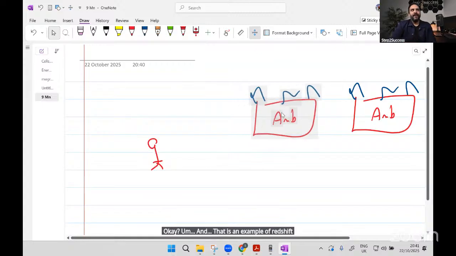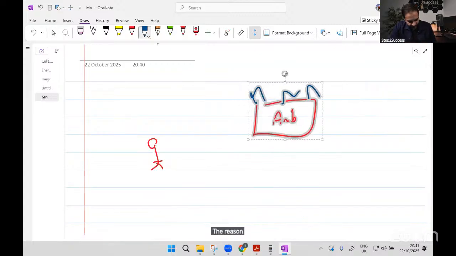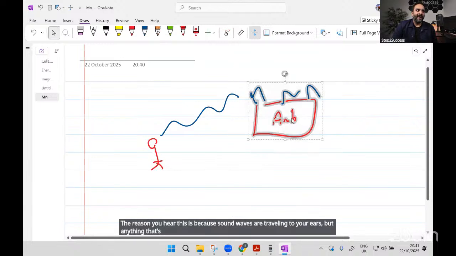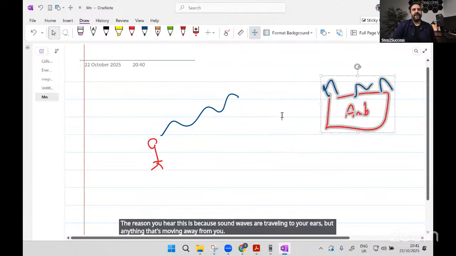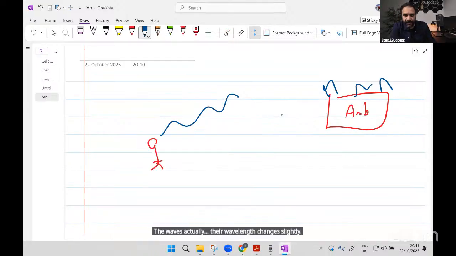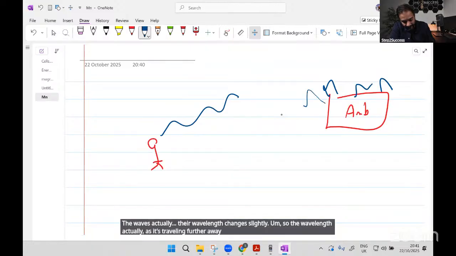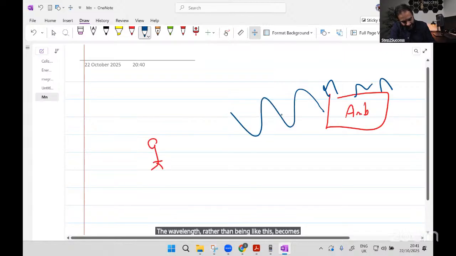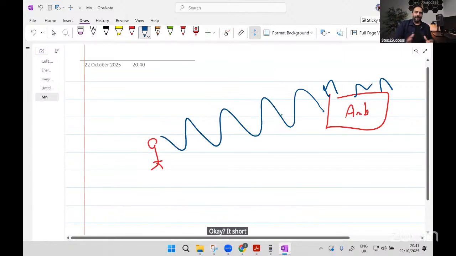Let me explain. The reason you hear this is because sound waves are traveling to your ears. But anything that's moving away from you, the waves actually, their wavelength changes slightly. So as it's traveling further away from you, the wavelength, rather than being like this, becomes like this. Okay? It shortens slightly.